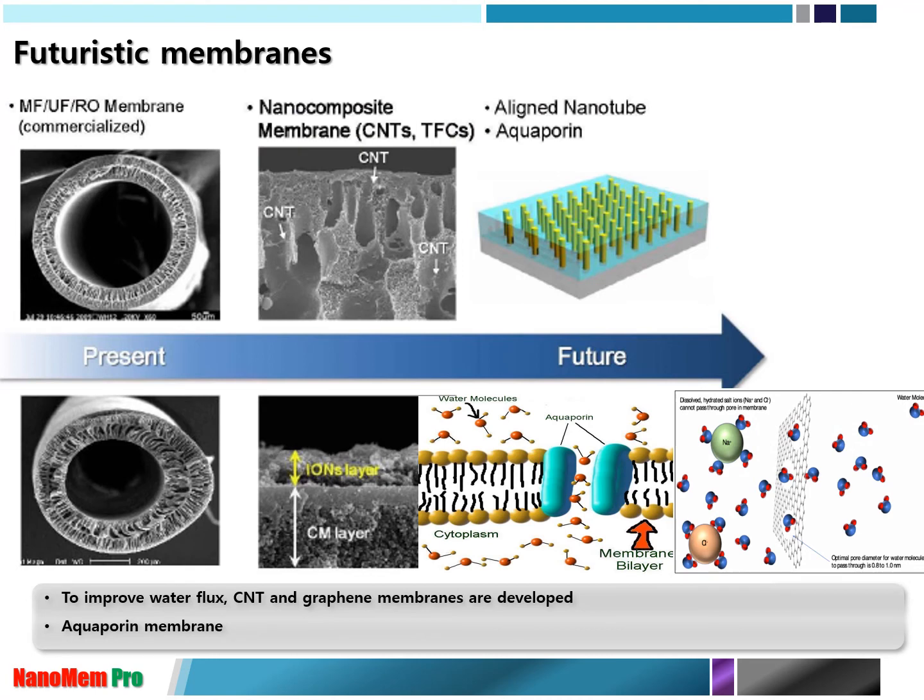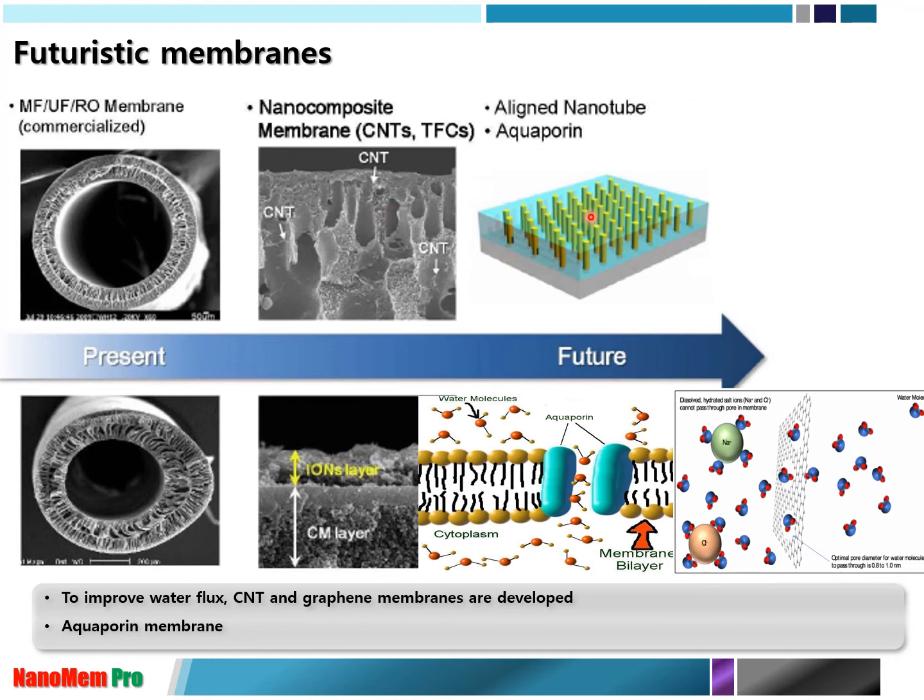So these are the future membranes. This microfiltration, ultrapure RO membrane can be utilized for post-treatment, and hollow fiber also can be utilized. And also this is the carbon nanotube thin-film composite.